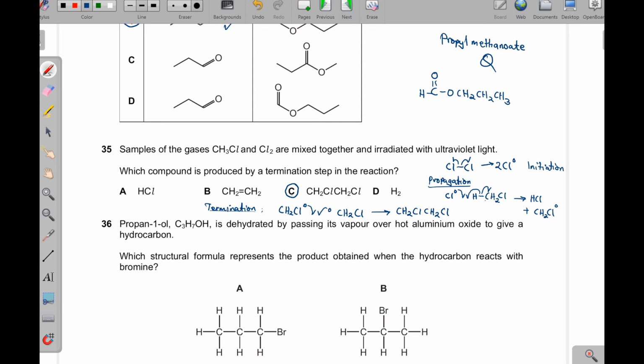No, HCl is actually produced in here like this. So when a radical attacks this molecule that has the hydrogen, the hydrogen reacts with that chlorine, and then you form the HCl. You see that? So that was tricky because in here we get the HCl, but it is not under termination. We get it in propagation. So that's why we have our answer as C.